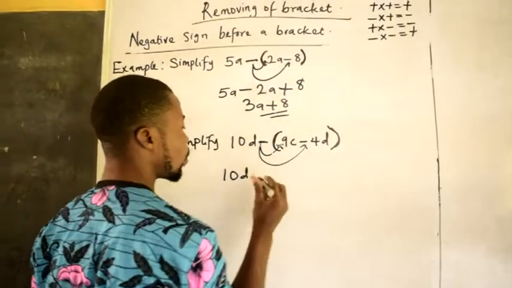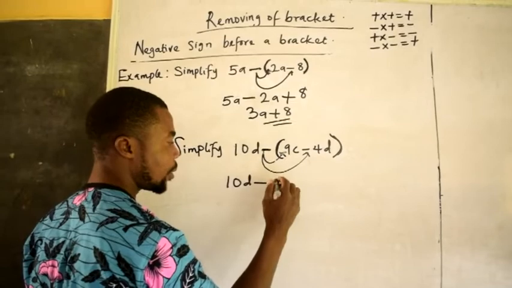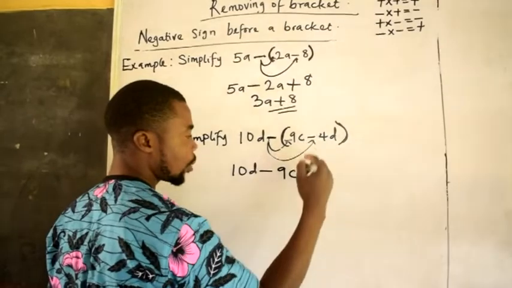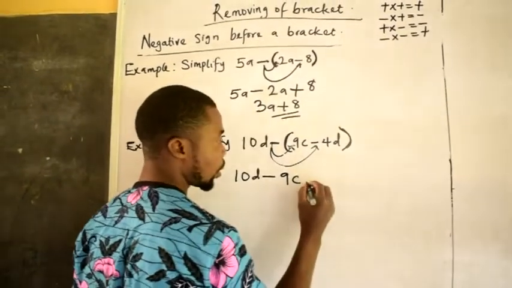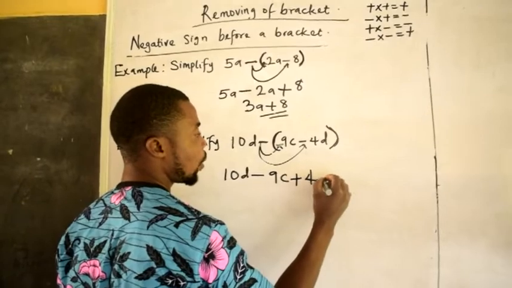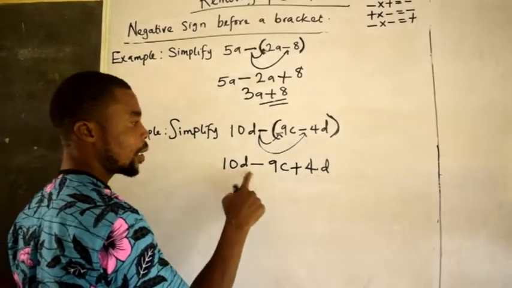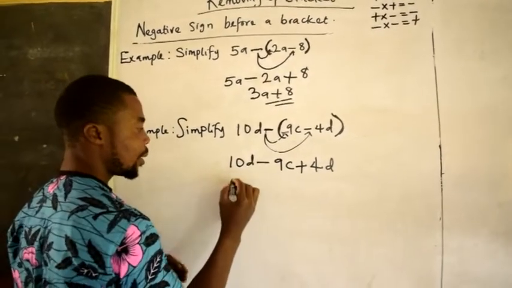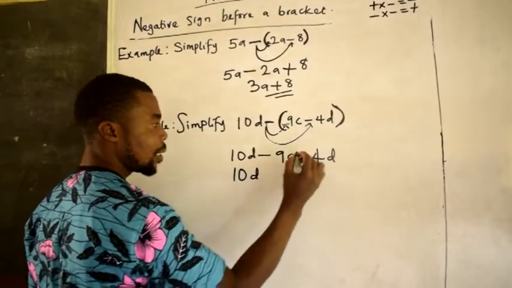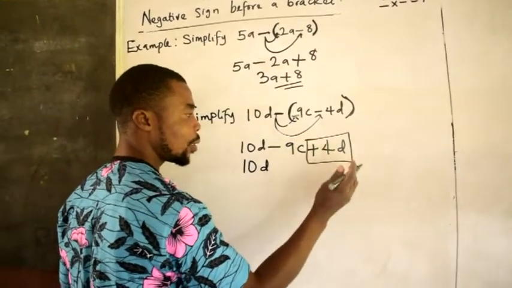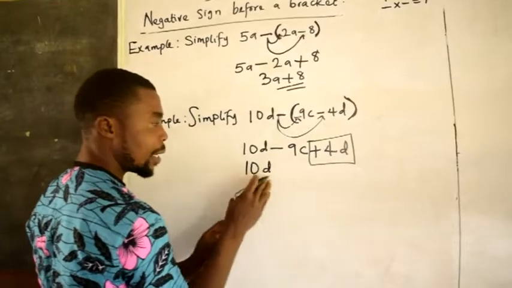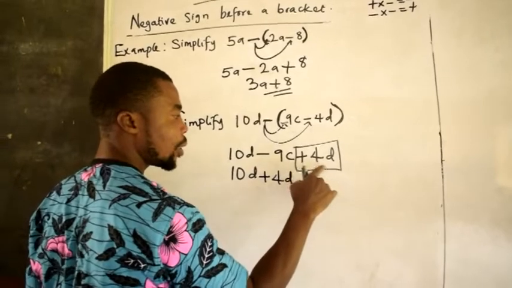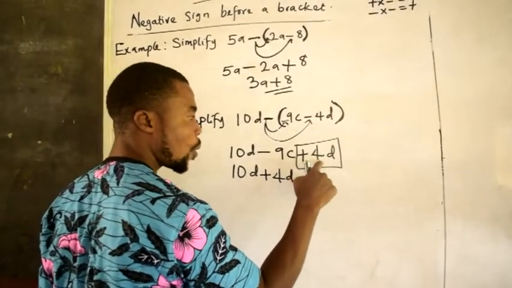Minus times plus will give us minus, followed by 9c, then minus times minus will give us plus 4d. They are the same. You bring them together, that is 10d. This is what is coming to meet 10d: plus 4d, because this plus belongs to 4d.